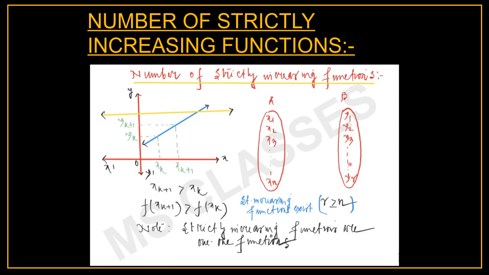Now, since all the elements are distinct, we can arrange them in how many ways? In one way only. Now after that, from these arranged elements, I can choose any for mapping. That will be the number of strictly increasing functions.